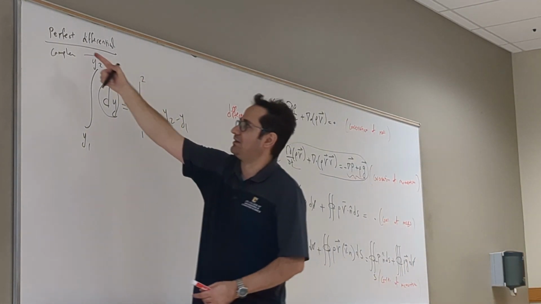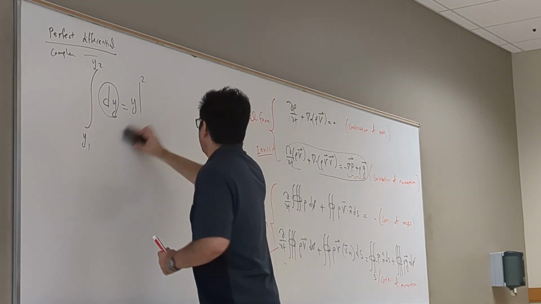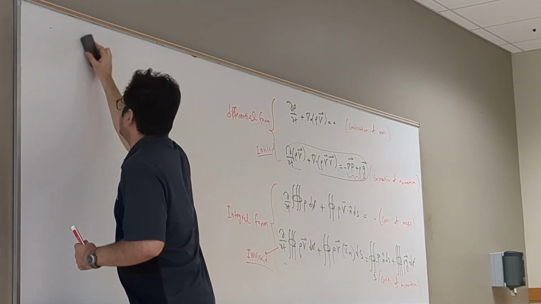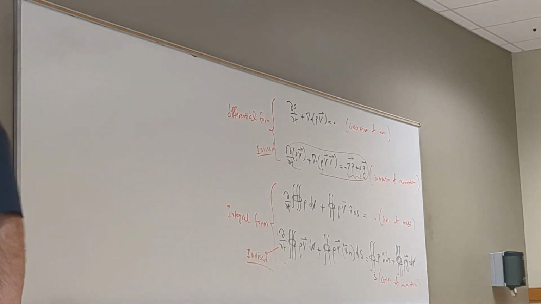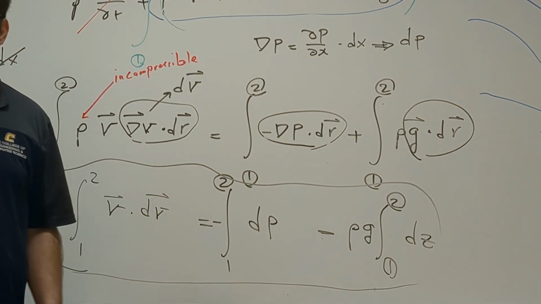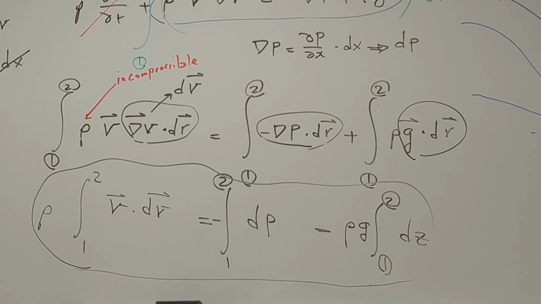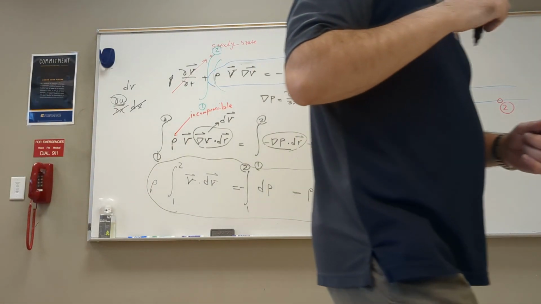So I'm going to call it an exact differential. Now, we have a bunch of these in this equation. In fact, all of them are exact differentials. This one, what do you get from the integral from 1 to 2 of dp? Let me ask you, if you know it, don't say. Give me some number. What do I get from that integral?